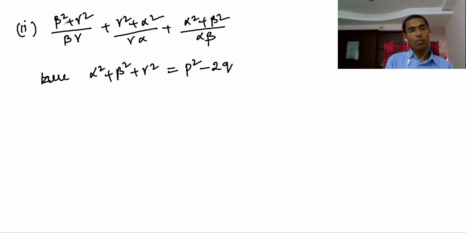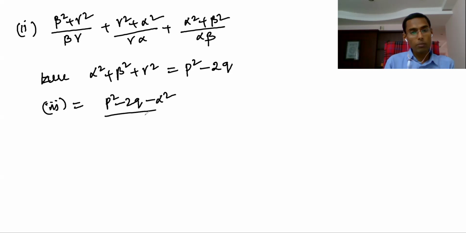Now what I want is the first one and second one. What we can write for this is: beta square plus gamma square is p square minus 2q minus alpha square, by beta gamma.